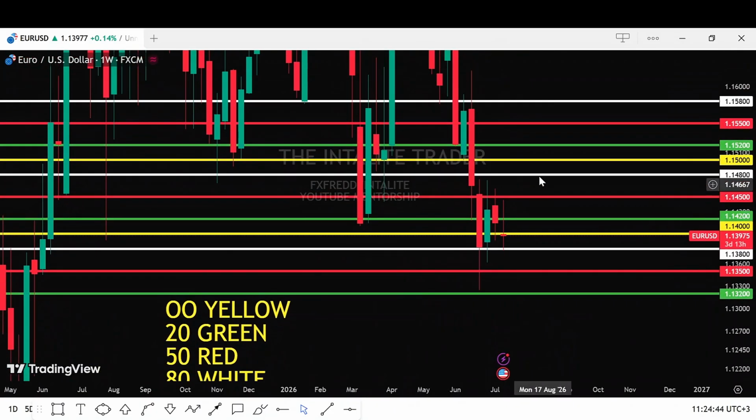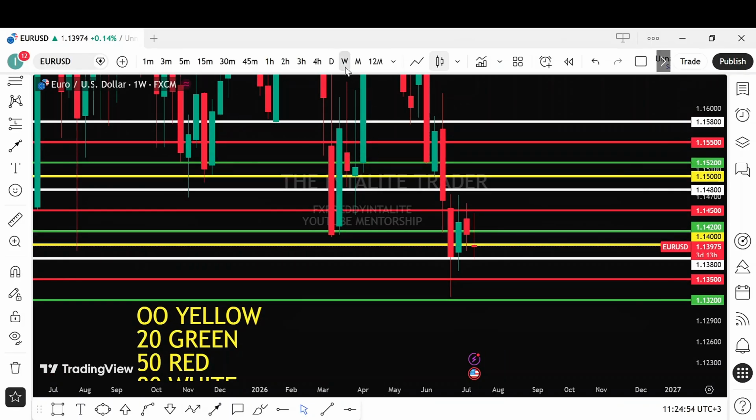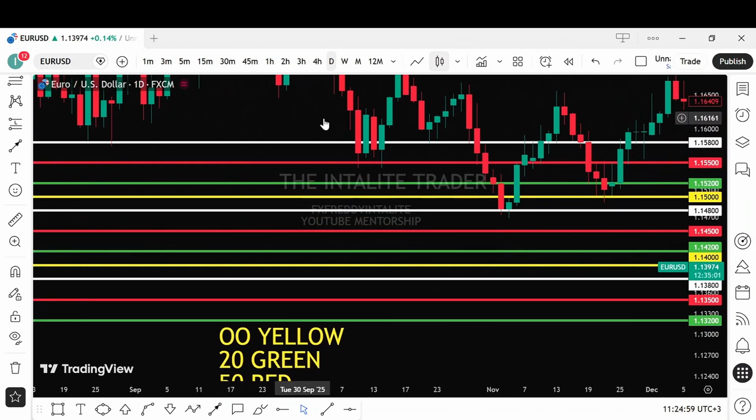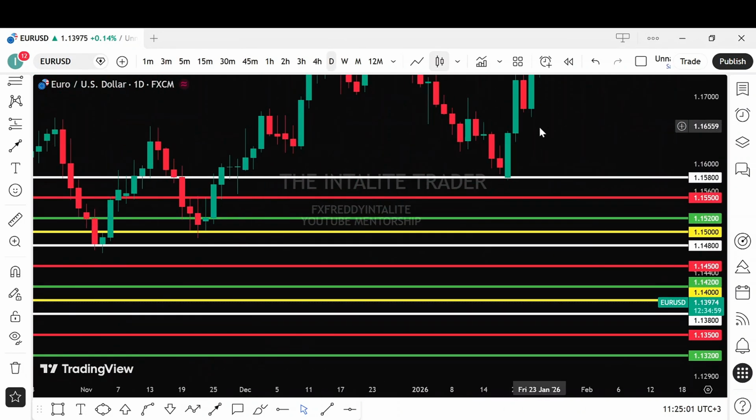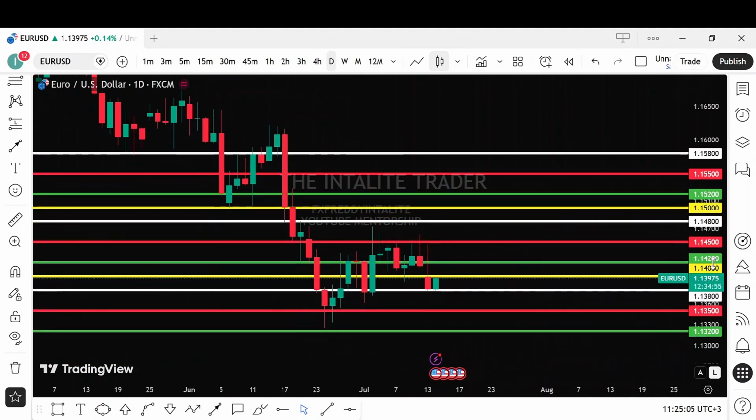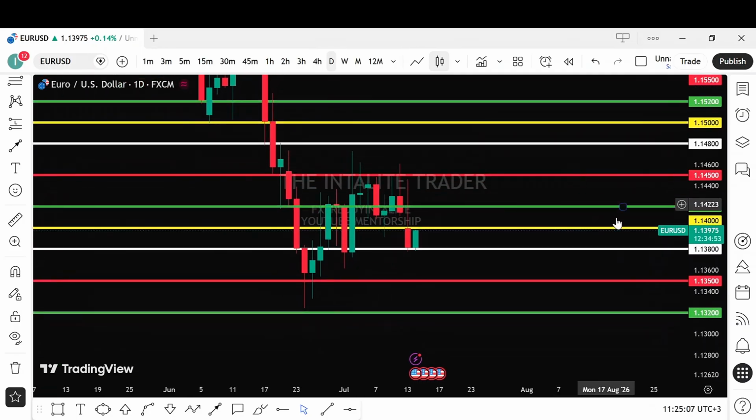This is the daily time frame. But we want to go to the lower time frames. If we come to the daily time frame, this is what you're going to have here.